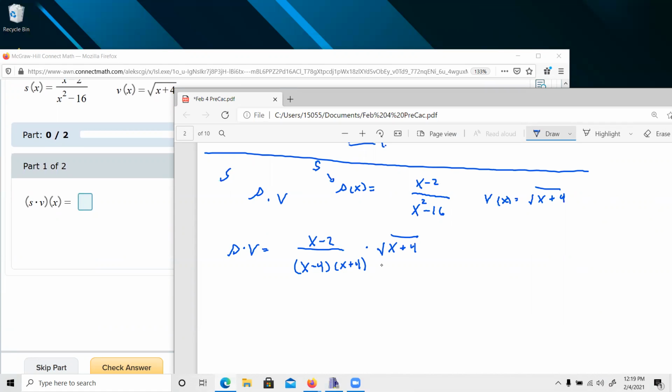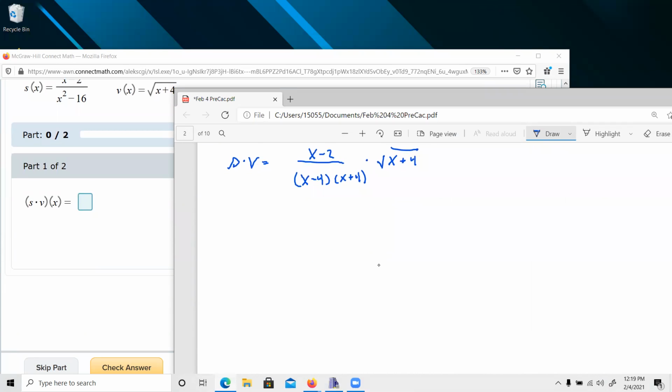Now, they're being a little tricky here. What they want you to do is take this X minus 2 over X minus 4, and then here we have the square root of X plus 4 times the square root of X plus 4. You see how they go back together and make one X plus 4? And then we have an X plus 4 up here.